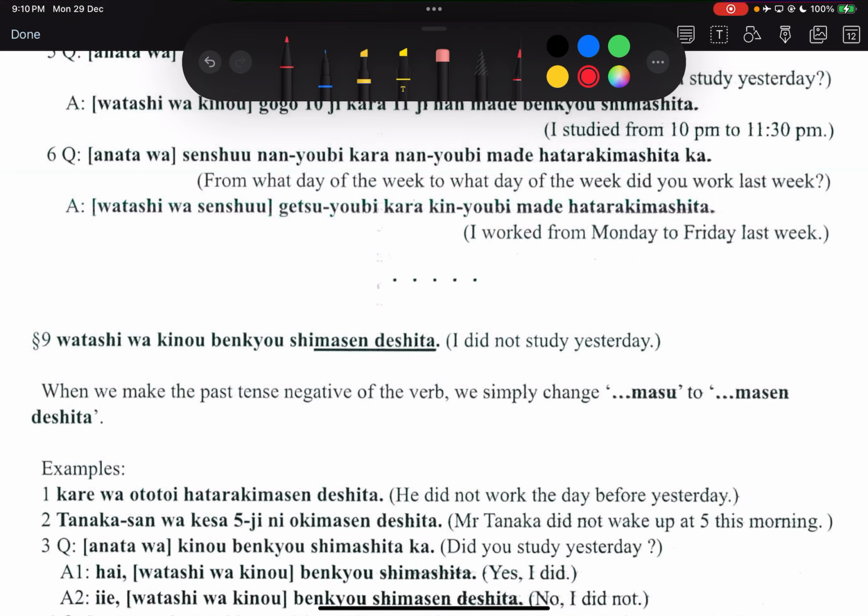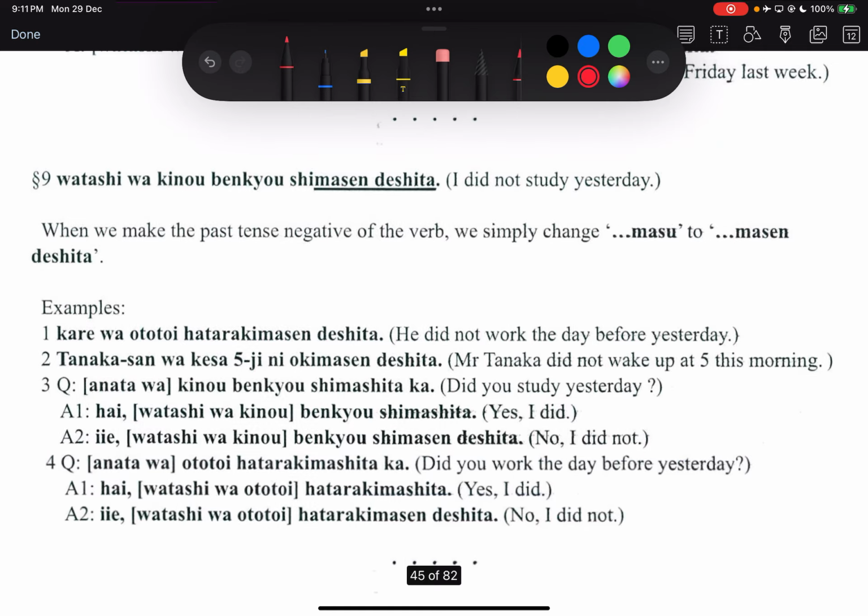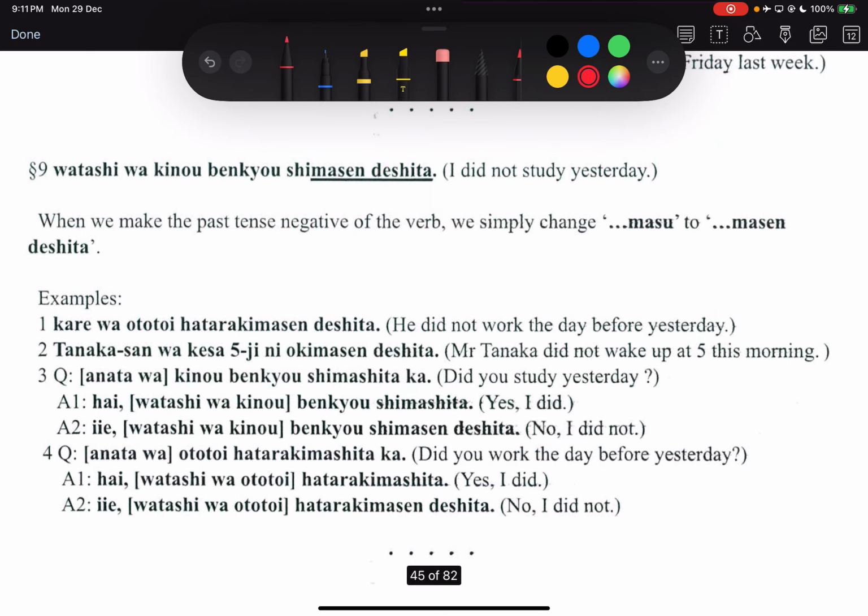What if I want to say I was a student? Watashi wa gakusei deshita. Right? So watashi wa gakusei desu means I am still a current student. Watashi wa gakusei deshita means I was a student. So same thing, we just need to put this deshita behind the masen. So masen deshita simply makes it into past tense. Benkyou shimasen deshita means I did not study yesterday.